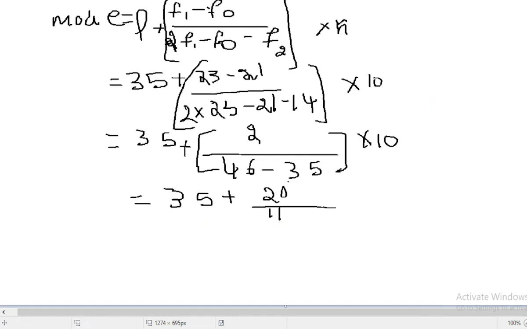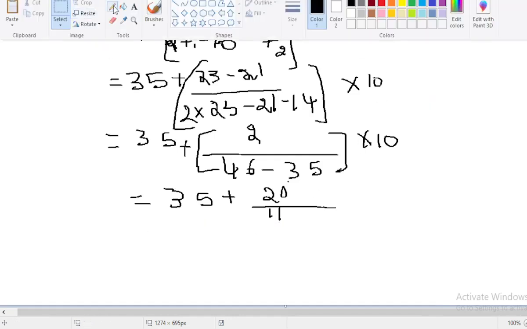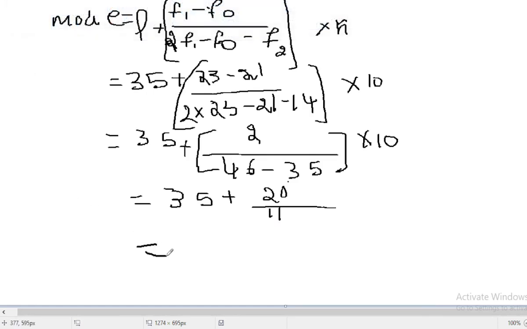Next step: 35 plus 20 by 11. 11 ones are 11, from 20, 11 gone, remaining 9. 11 eights are 88, then from 90, 88 gone, remaining 2, and again the same number will be repeated.